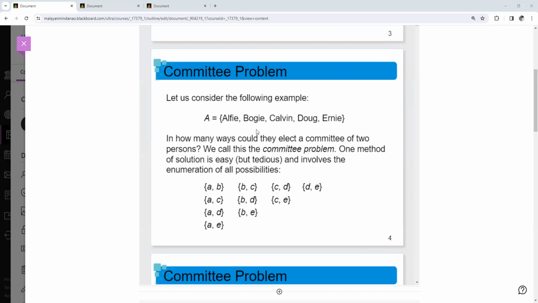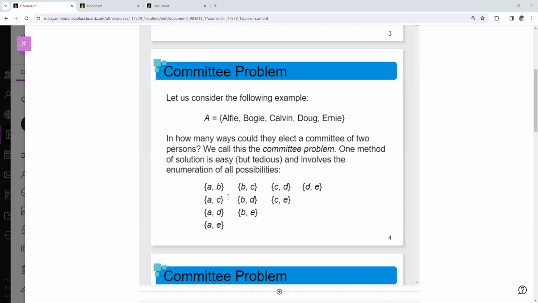When you select 2 persons from a set of 5 people, it doesn't matter who you select first, right? The order does not matter. So if you select Alfie first before Bogey, that is the same as selecting Bogey first before Alfie. It's interchangeable. And because of that, AB, as listed here, is equal to BA.